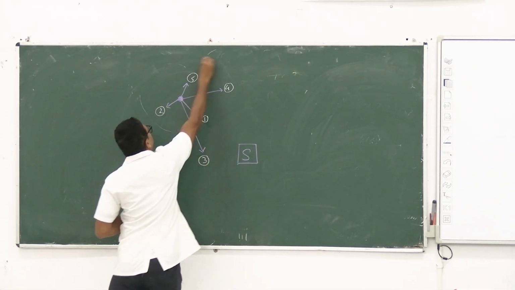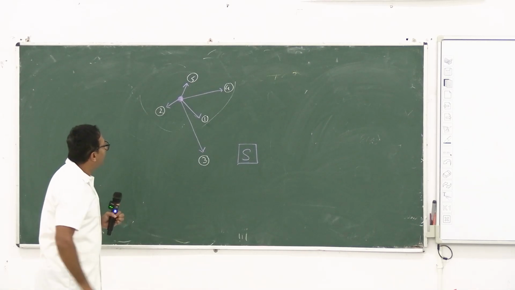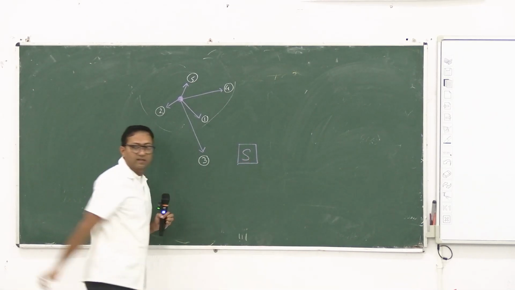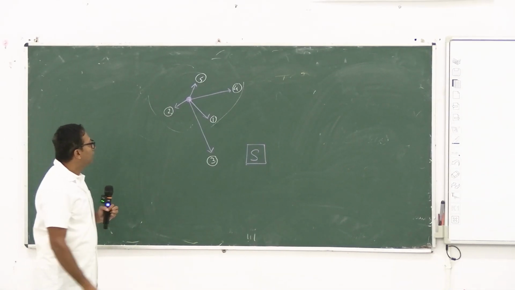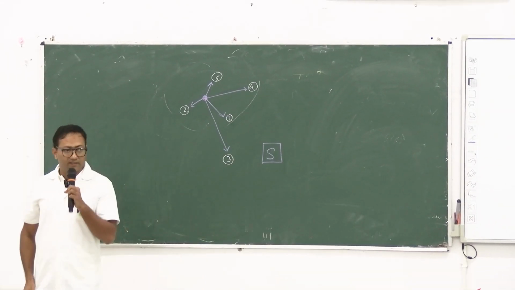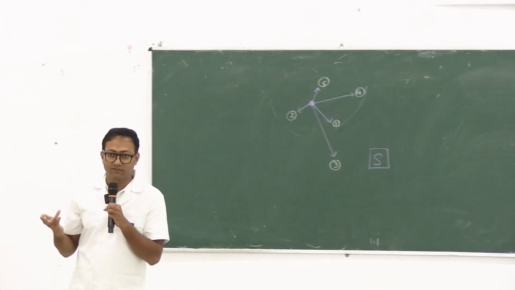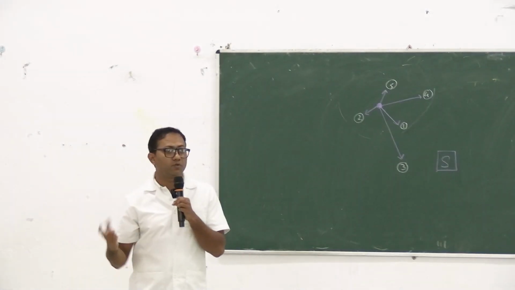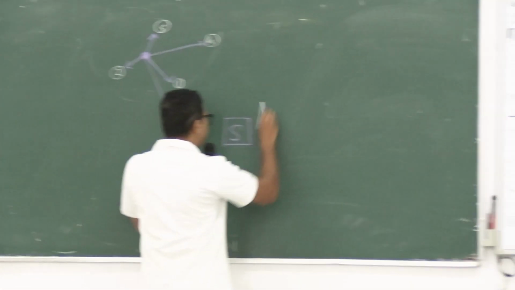This is someone's heart. Okay? And I have kept a sensor over here. So, first vector, सेंसर के तरफ आ रहा है या सेंसर से दूर जा रहा है? It is coming towards the center. So, it will give you a positive signal.